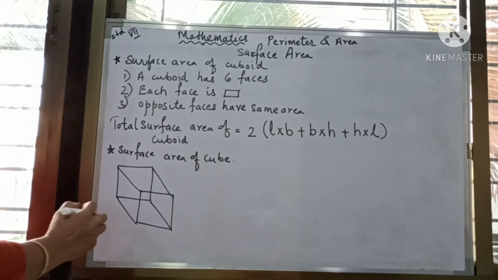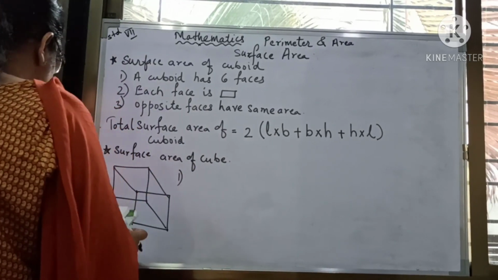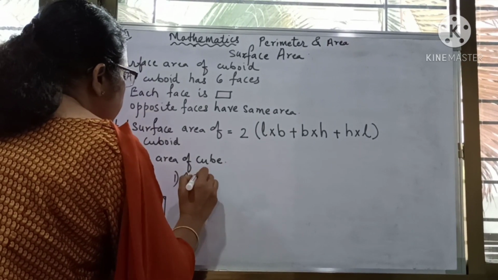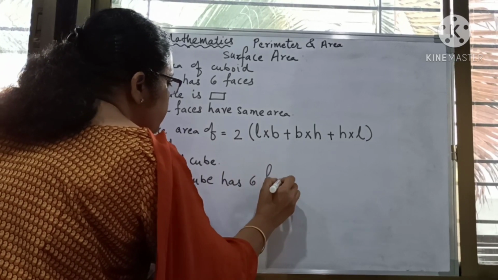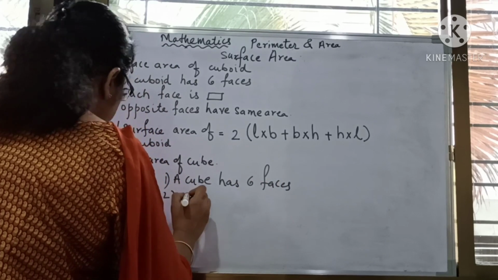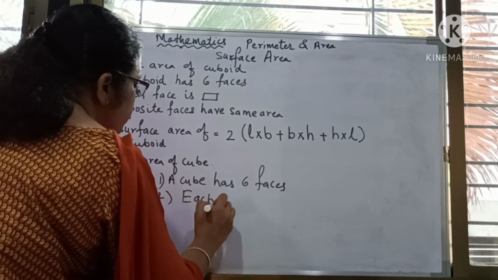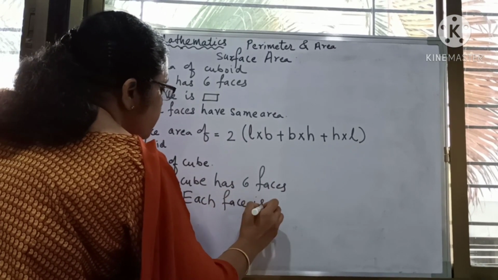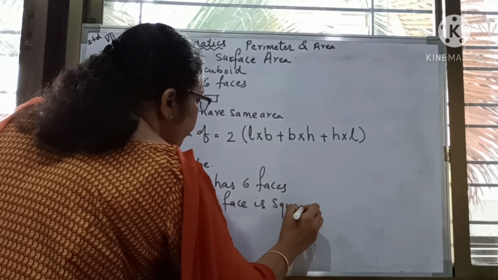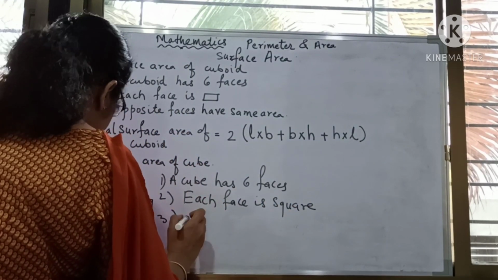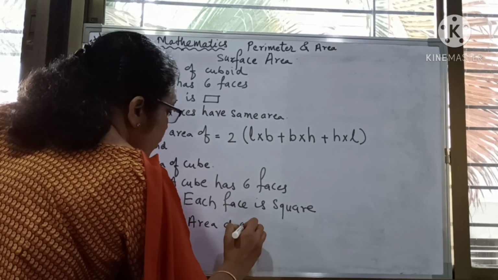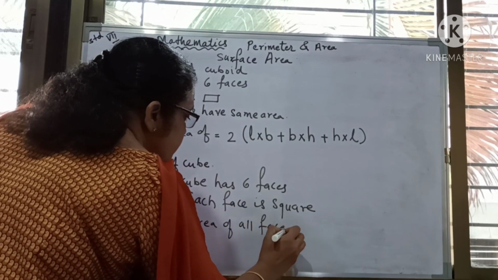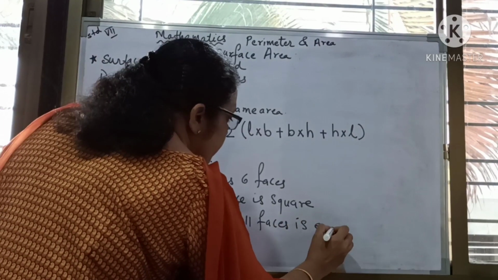So a cube has six faces. Each face is a square. The area of all faces is equal.